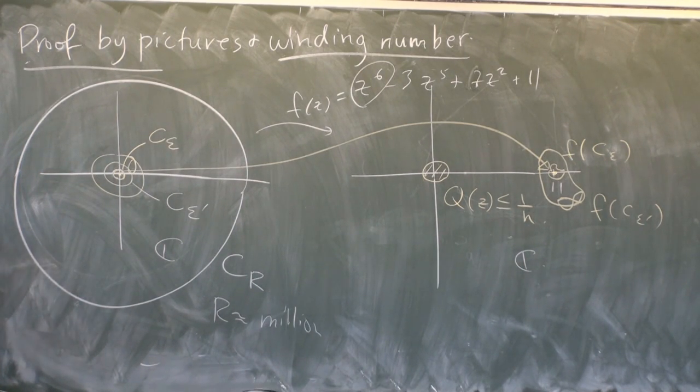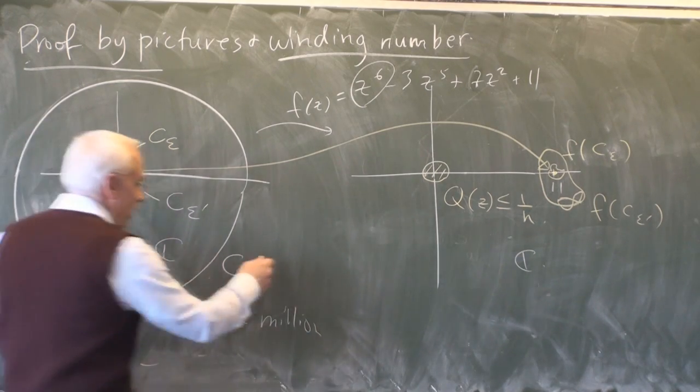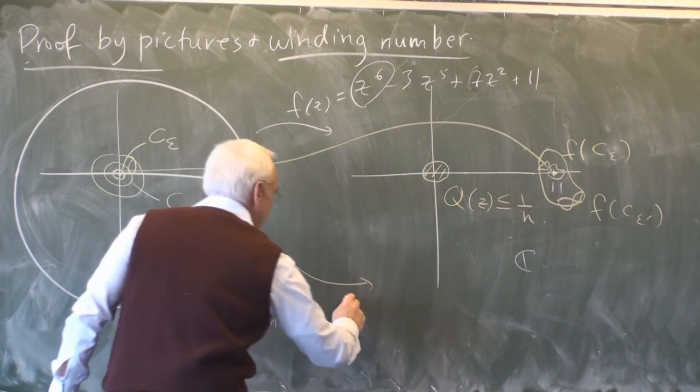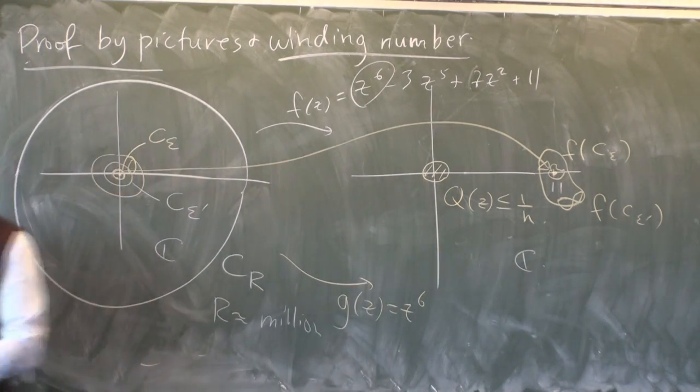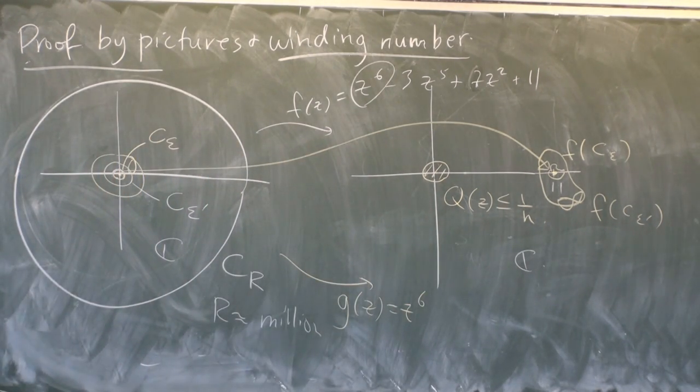Well, we're going to answer a simpler question. We're going to look at another map, the map g of z equals just z to the 6th. That's a much simpler map to understand. What does it do to this big circle?